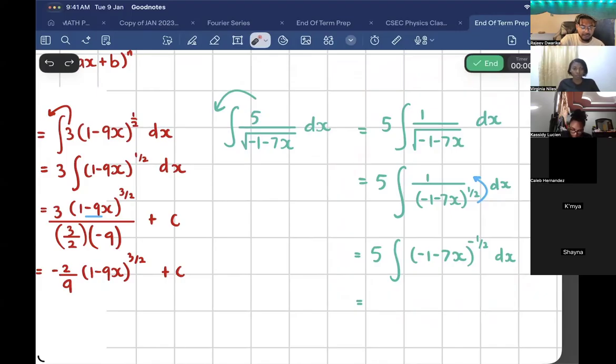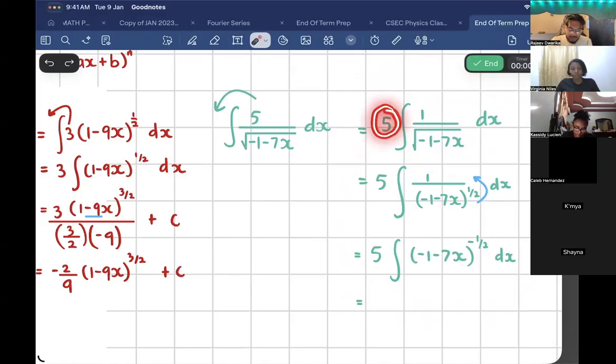Do you understand that the function is what we actually want to integrate? So I pull out the 5, so this is actually the function we're trying to integrate. Now, the integral of that is just going to be multiplied by 5, because 5 is just a scalar multiple.